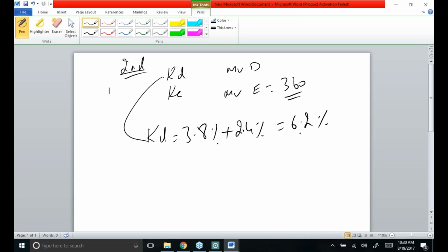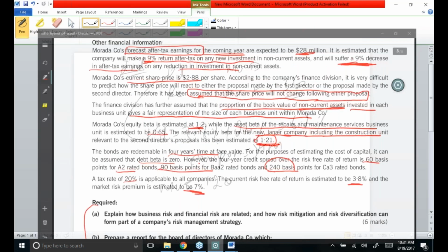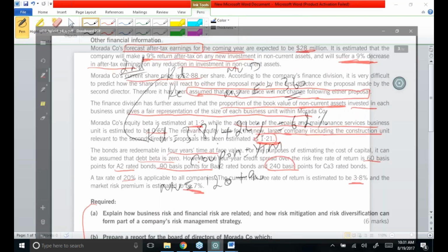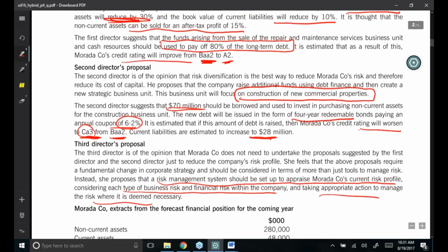And we know that coupon and YTM are the same, so its market value will be exactly equal to 120, that is equal to book value. 120 is the existing debt, plus, if I correctly remember, the company is going to borrow 70 million.